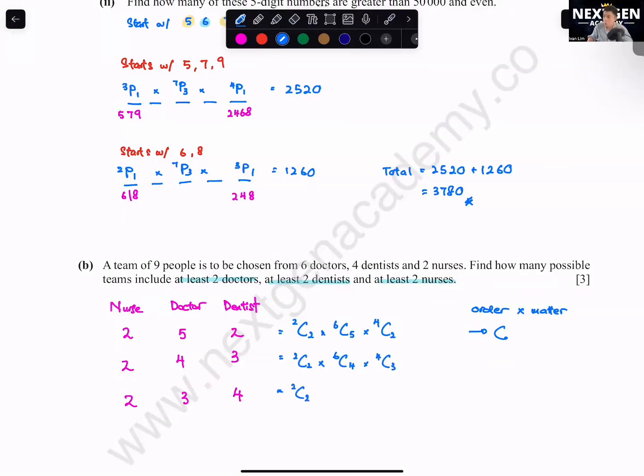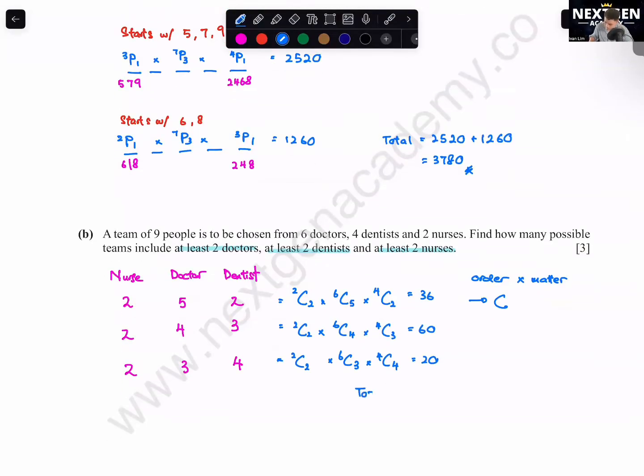Third one, 2C2 times 6C3 times 4C4. Calculate this: 36, 60, 20. Total, add it all up together, 36 plus 60 plus 20, and you get 116.